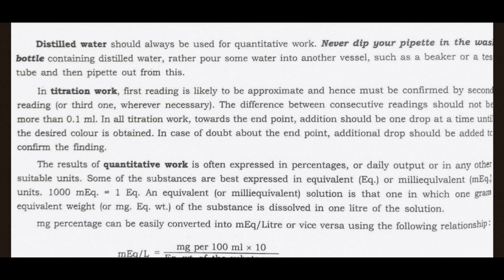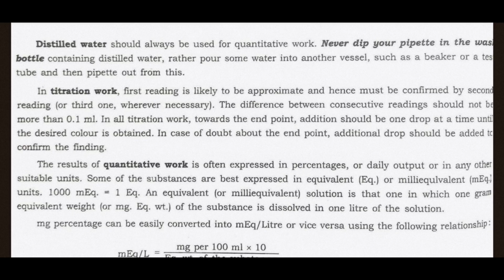The difference between consecutive readings should not be more than 0.1 ml. In all titration work toward the end point, addition should be one drop at a time until the desired color is obtained. In case of doubt about the end point, additional drops should be added to confirm the finding.